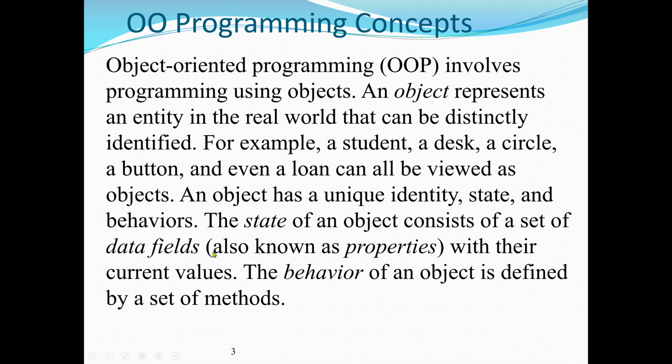So normally every object may have characteristics and also its behavior. For example, for a car, the characteristics can be the color of the car or the wheel drive, whether front wheel, rear wheel, or four-wheel drive.